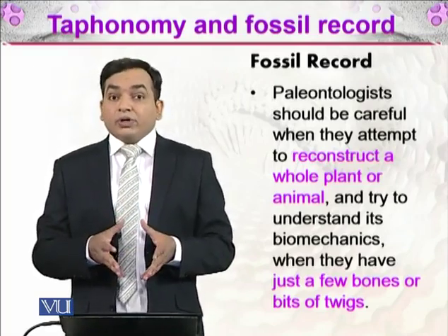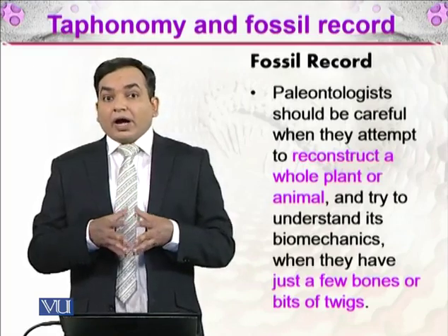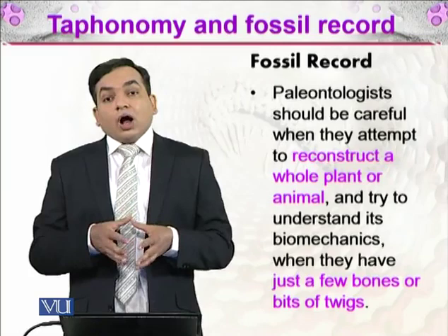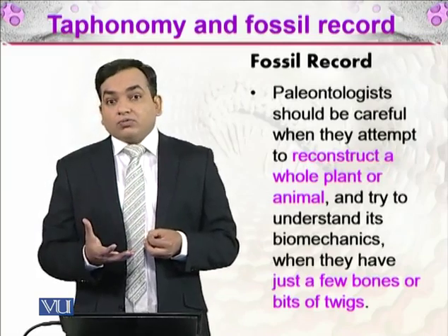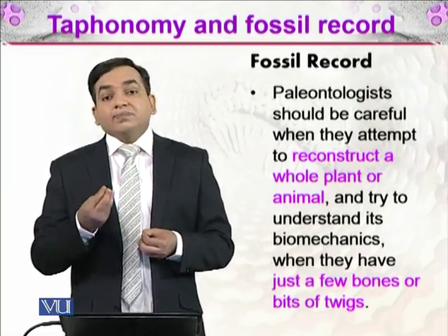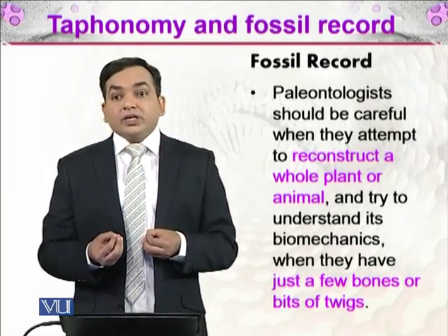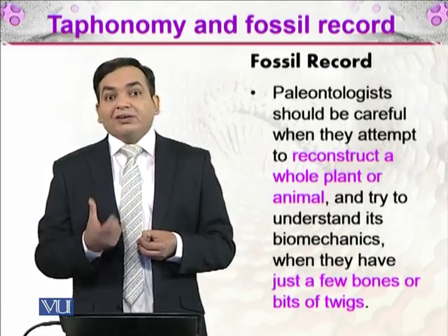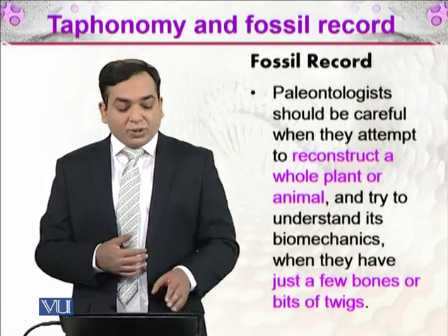This is a very different question. I haven't seen him, and nobody on this earth has seen him. So how did that dinosaur walk? We can only speculate, and that speculation must be based on actual evidence. Only one piece of bone cannot give us that information.